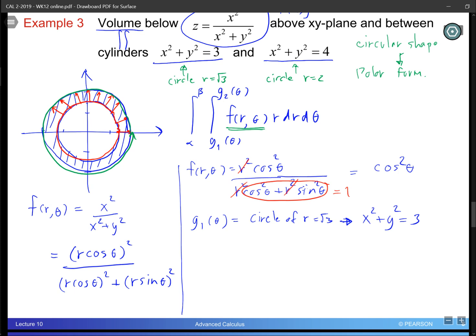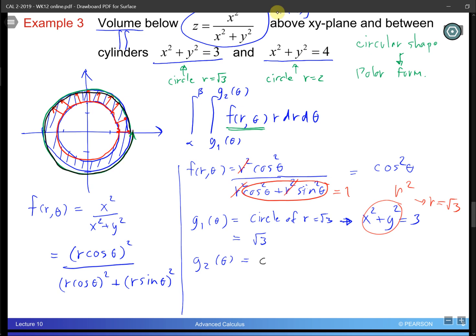We need to translate this into r and theta. And from the Pythagorean relation from before, you know that this equals r squared, which means that r equals square root of 3. So we have this inner function, radius equal to square root of 3. Now the outer function, g2(theta), same thing. The outer circle, which is this outer circle.